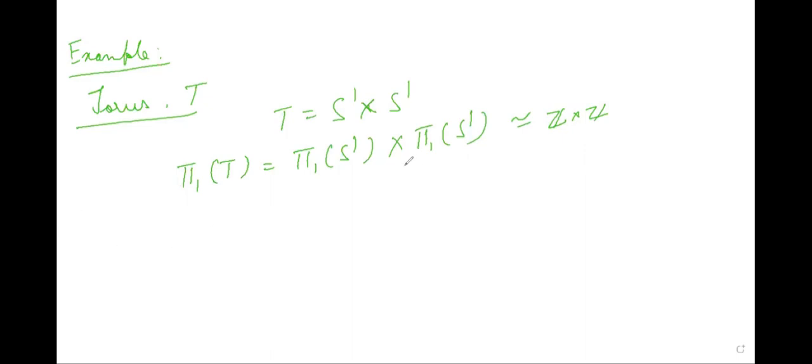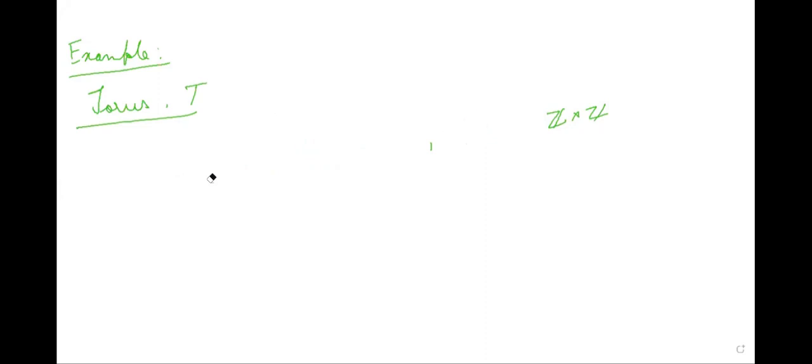So for that we will realize the torus T as an identification space of this square, where this side is identified with this side and this side is identified with this side, and this is the x naught vertex, they all will be identified.